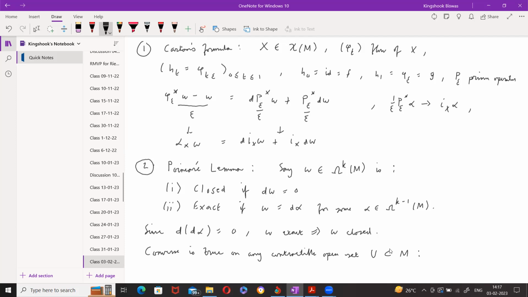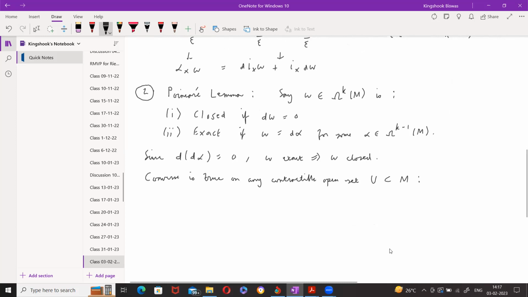So how do we see this? So the claim is that if U is contractible, so that means there's a homotopy H_t from U to U such that H_0 is constant and H_1 is identity of U. Okay, so that's what it means to be contractible.